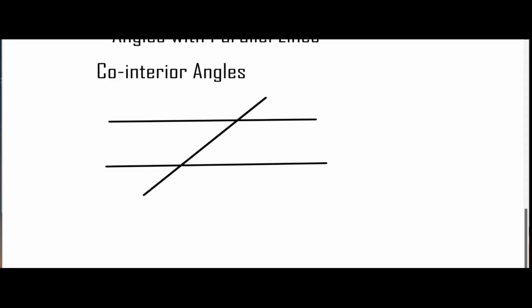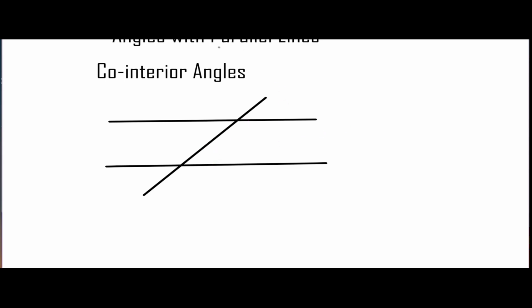The last type of angles that you'll be required to identify are co-interior angles. So co-interior angles are kind of angles that are inside a box. So if you imagine that this is a sort of a box here, the angles inside that box, this angle here and this angle here are supplementary.